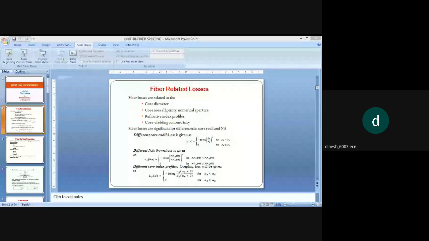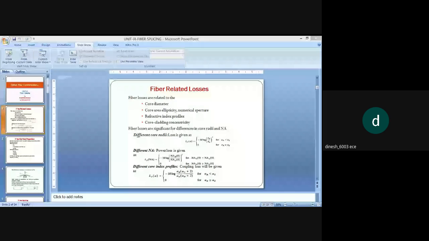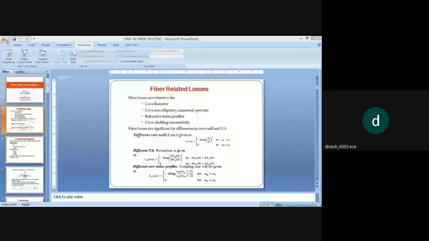So let us see the fusion process first. In the fusion process, the following characteristics are to be followed such that fusion can be done efficiently.